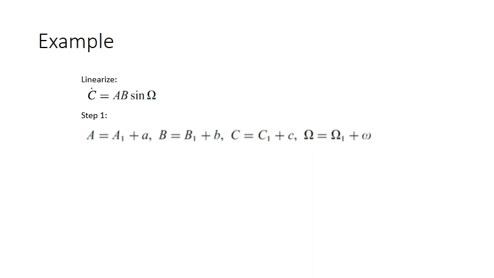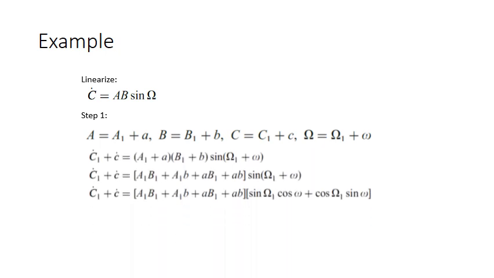Substitute these variables into the original equation and multiply out. We get the following. For example, C dot, when substituted with C equals C1 plus the small c, the result is C1 dot plus small c dot, equal to A, which will be replaced by A1 plus small a.